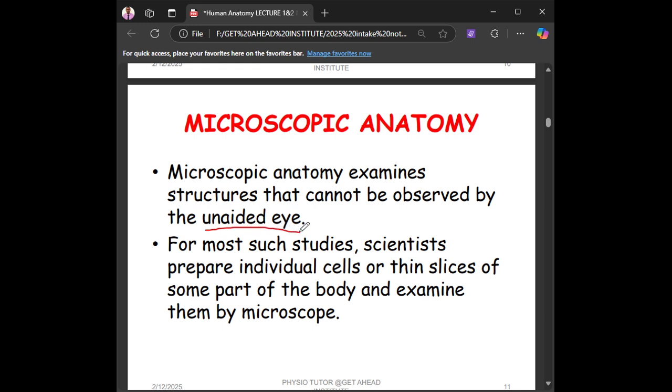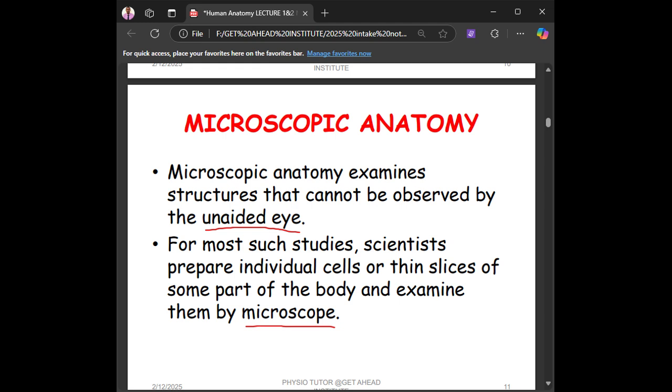Most of the time, scientists in this division of anatomy prepare individual cells or thin slices of some parts of the body and examine them using what we call a microscope, because their eyes cannot see.